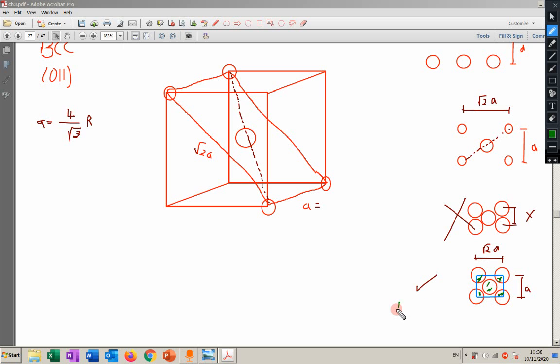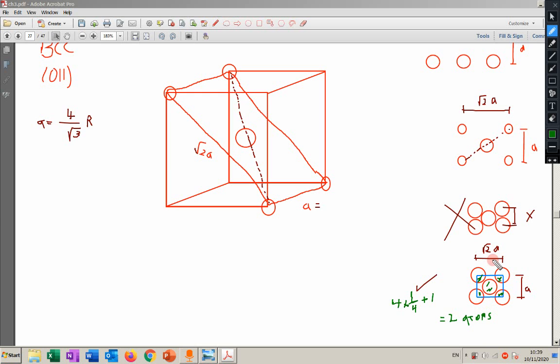So we have 4 quarters plus 1 in the middle, which is going to be 2 atoms.